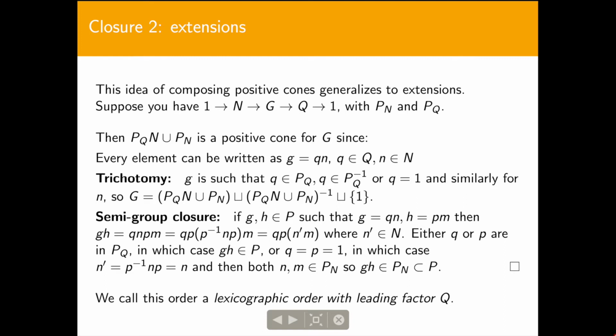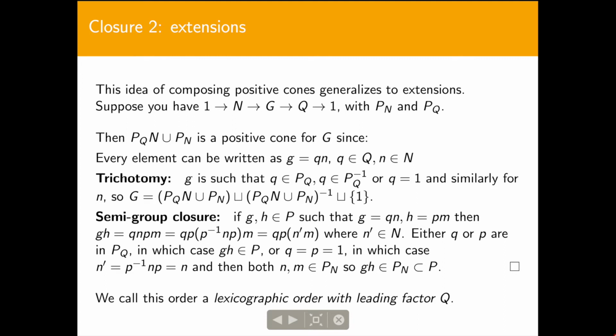And what you do is you conjugate the n, and with that, you're going to have that qn pm is equal to qp n' m. Now, the n is conjugated, but that's fine because N was a normal subgroup. And now we have that gh is equal to qp n'm.